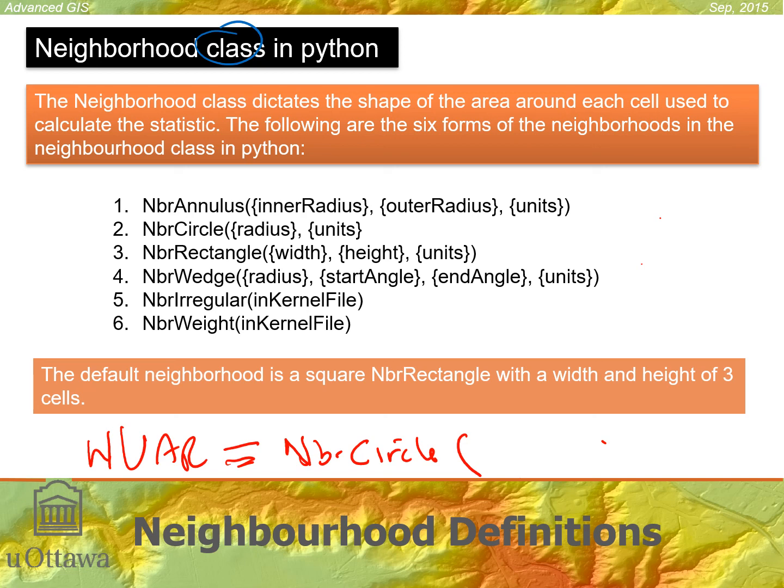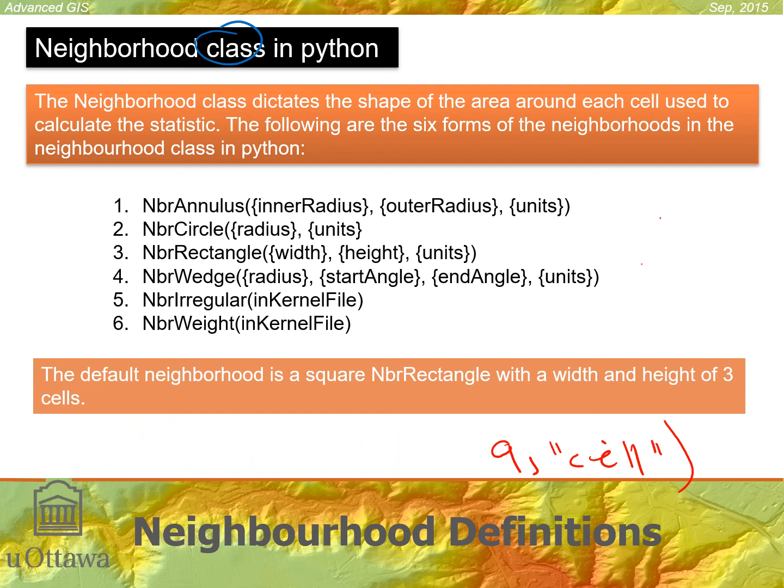It makes it much easier and less bias. So let's say I wanted a radius of 90 meters, so I put my number of cells here as 9 and units as cell, like so. And then that would be stored in a variable called nvar. And that is a variable that simply defines the properties of a geometric object called the neighborhood.